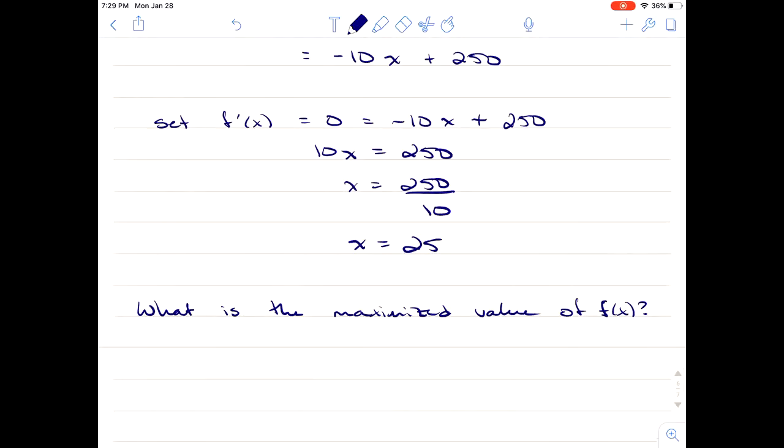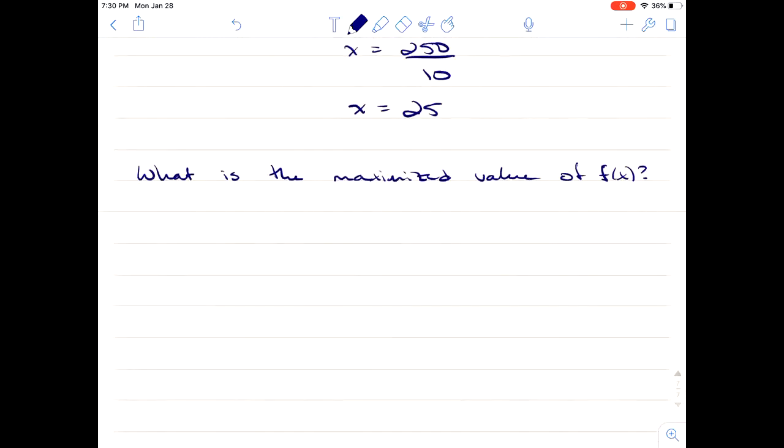So here, we know that at x equal to 25, that's when we reached our peak, right? That's our maximized point. So now what we do is we take the original f of x, right? Because that's the one that we're trying to maximize. We only had to find the derivative to get to x equal to 25. Now we can go back to that original function, plug in x equal to 25, and that's your maximized value.